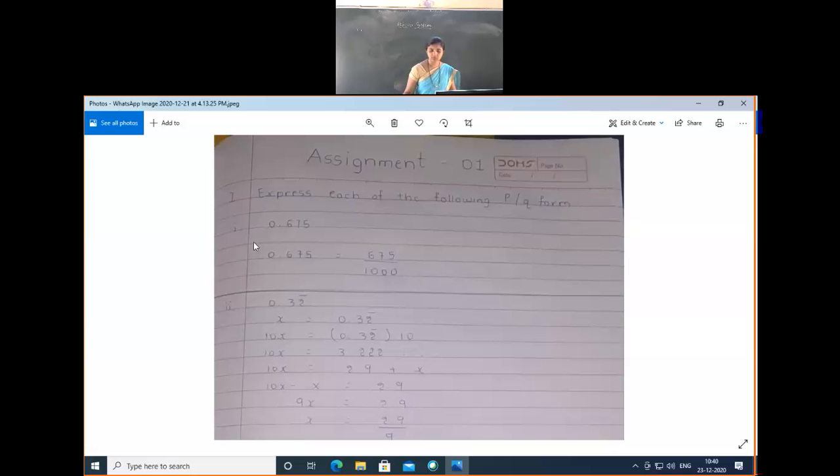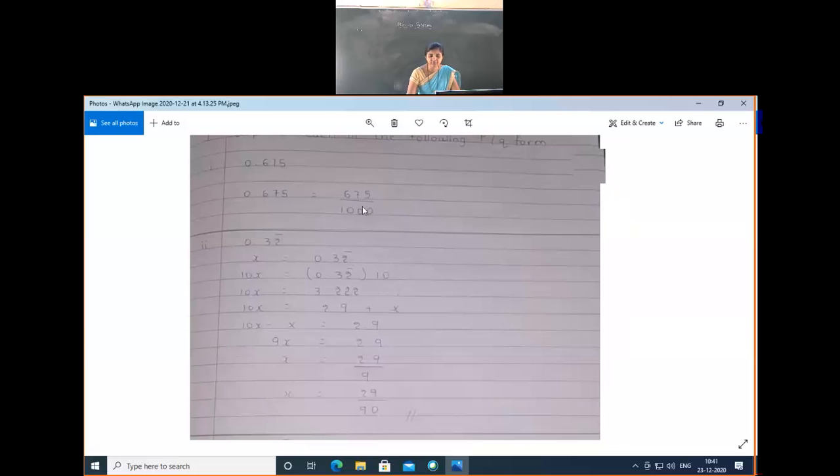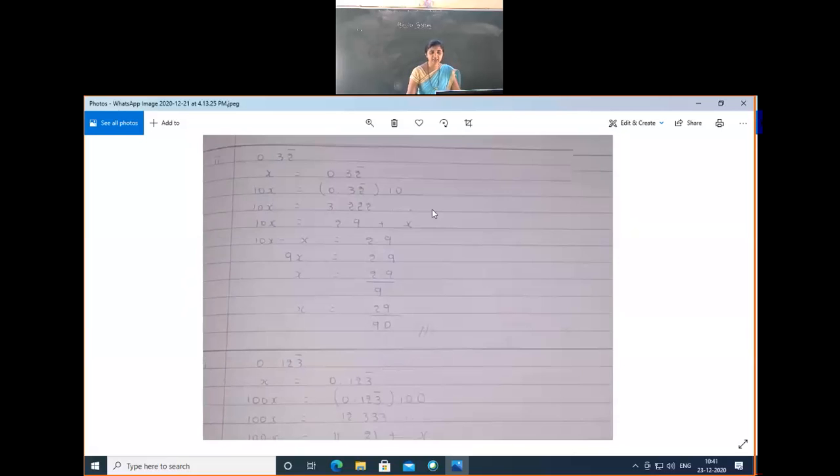You have learned it in your earlier classes also. 0.675 expressed in the p by q form is 675 divided by 1000. Got the idea of this problem? 675 divided by 1000 is the p by q form of 0.675. Now let us come to the second question.